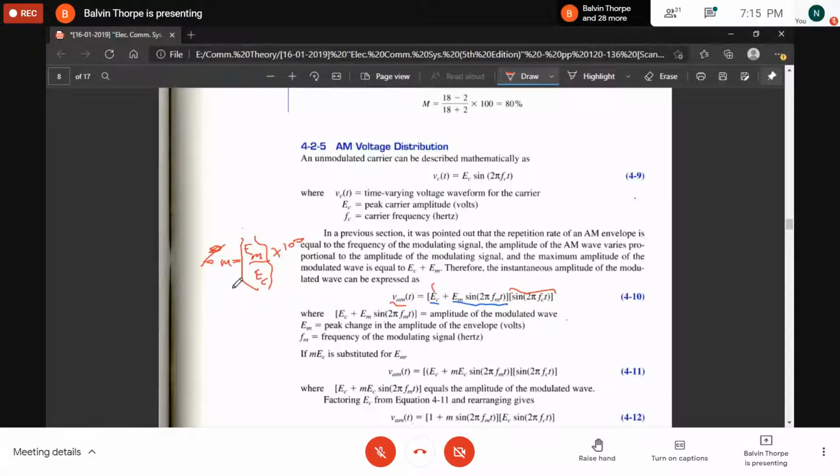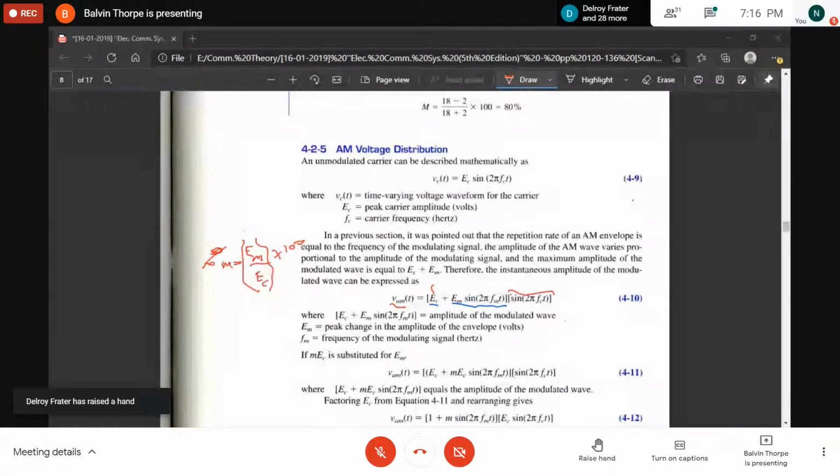All right, so it's EM over EC that gives you a modulation index, and modulation index can be expressed in percentage. But just looking at the expression for modulation index, by changing the subject of the formula, what would be EM from this expression? EC times M. Great.